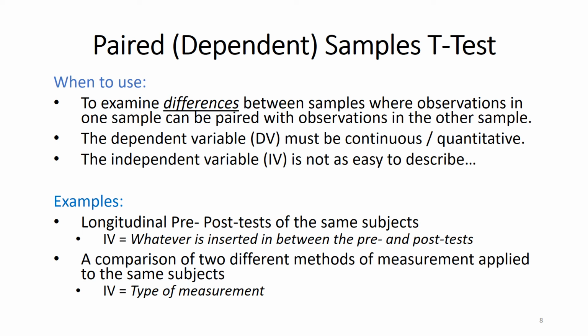So the key thing with this paired samples t-test, especially for this class, is going to be using the same group of individuals and they're exposed to two different testing situations, whether it's a pre-test, post-test, or comparing two different methods of measurement to see which one is more effective or if we have significant differences in the outcomes.